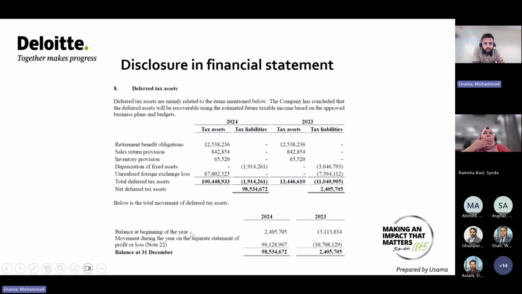We take the beginning balance which we computed last year, and we put our closing balance here. You can see that it is matching with above. So the difference of 96,128,967 is the during-the-year profit or loss, which is parked in the profit and loss statement. So this is a basic overview of deferred tax.